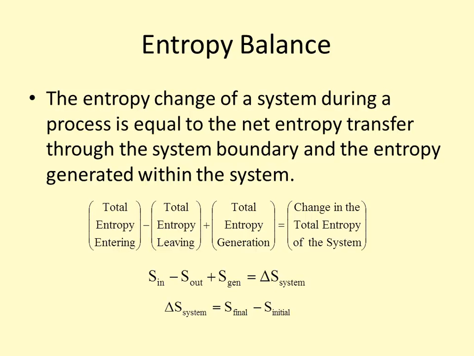So when we perform the entropy balance, we have the entropy in minus the entropy out plus this entropy generation is equal to the change in the entropy of the system. Okay, with energy, it was just simply energy in minus energy out equals change in energy. But for entropy, because we can create entropy through having irreversibilities in our process and through heat transfer, we have to account for this additional term.